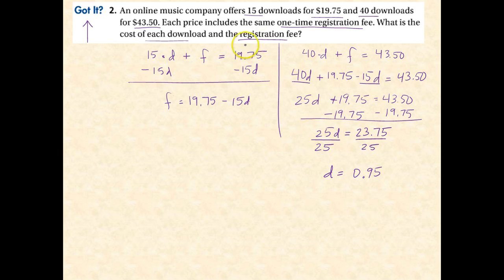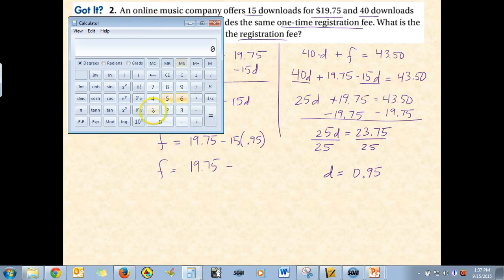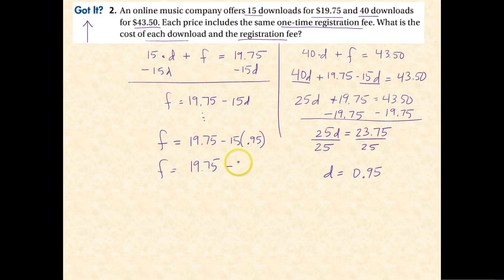Am I done? No, because I need to know what the registration fee is. So I can plug back into f equals 19.75 minus 15 times 0.95. 19.75 minus 15 times 0.95, which is 14.25.